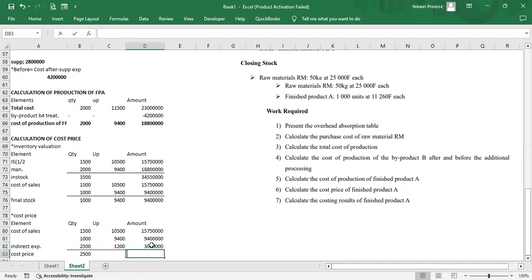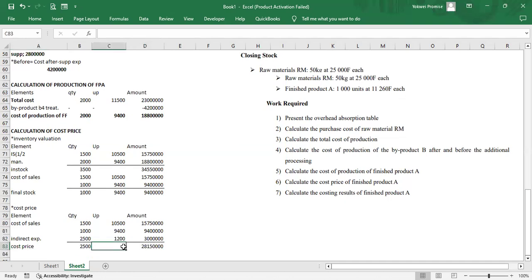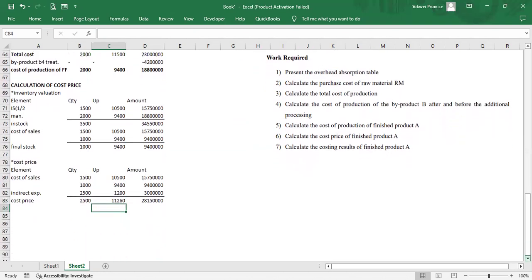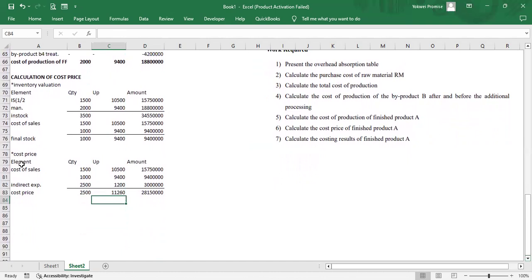So here we determine the units: 15,750. This will be our cost price. Are you seeing?